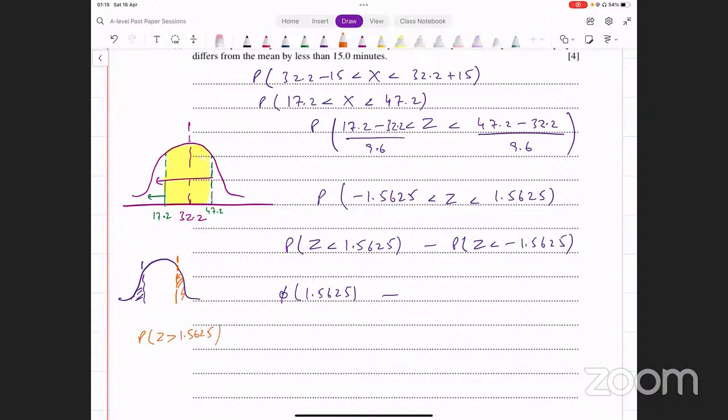अब ये भी नहीं कर सकते डायरेक्टली, इसका हम लिख देंगे 1 minus probability of z less than 1.5625. So this basically becomes 1 minus probability of z less than 1.5625.